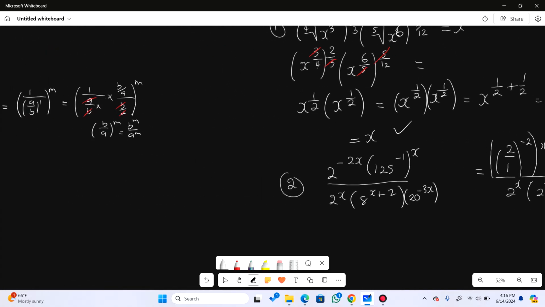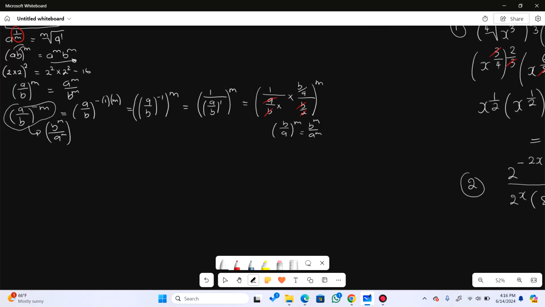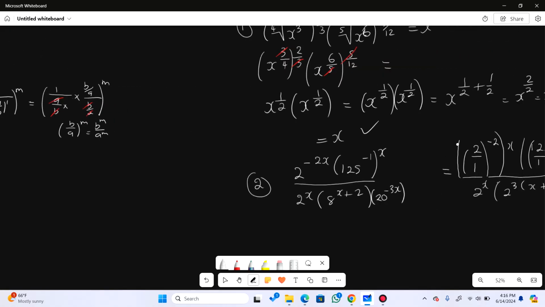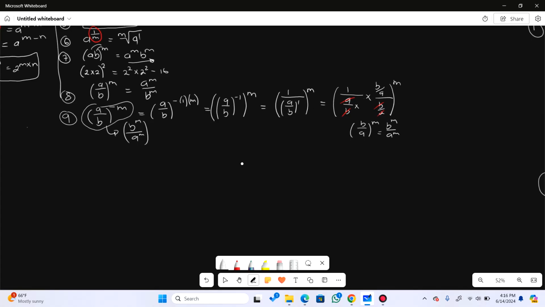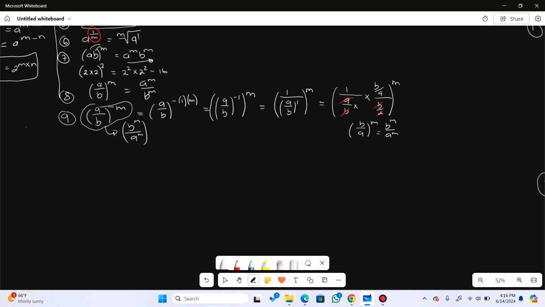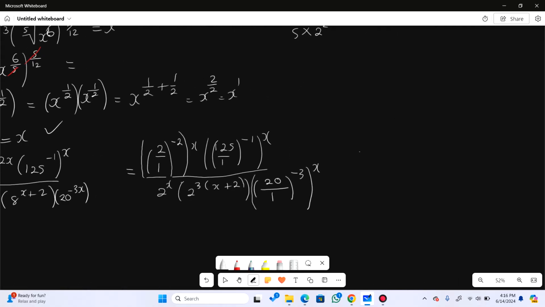So now looking at our properties, you can notice that here we are dealing with property number 9. So we have these bases here, and then we have a negative, meaning you basically change the bases. So in that case, I'll swap 1 and 2, right? So my 1 will be on top, my 2 will be at the bottom.